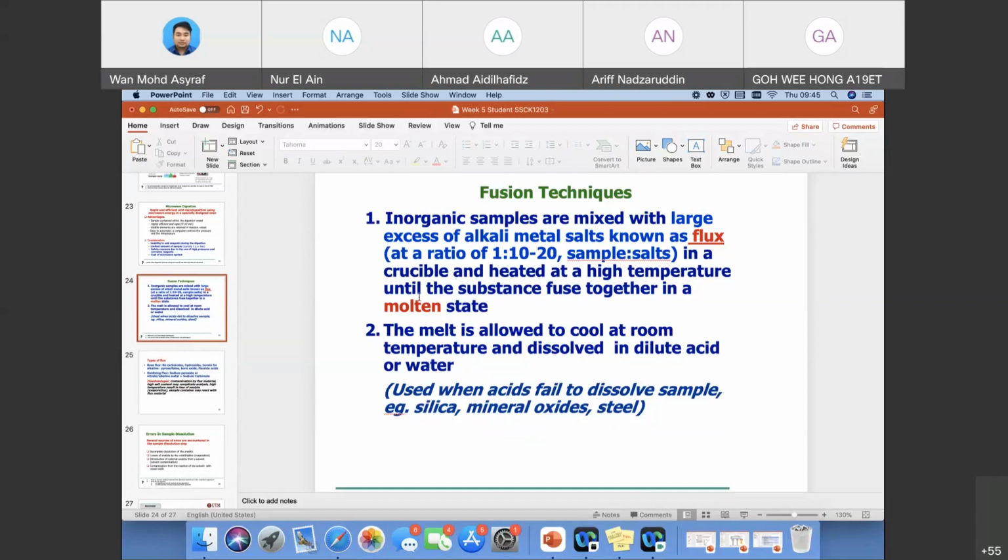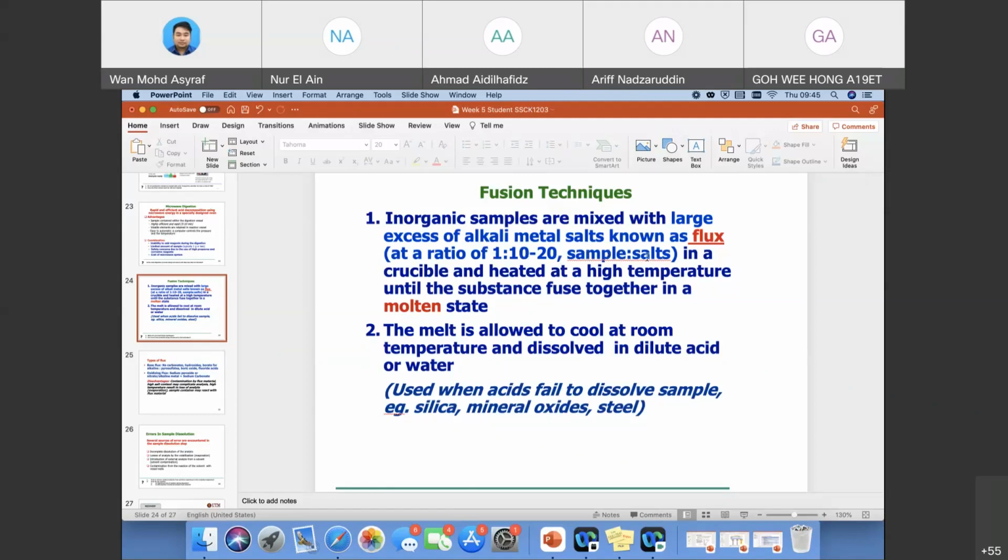For example, you place your fish sample with an alkaline metal, and there is a ratio, 1 to 10 or 1 to 20, which is 1 sample to 20 salts.